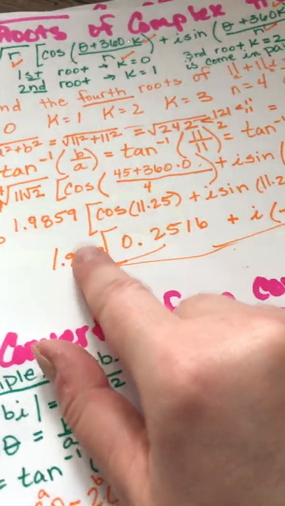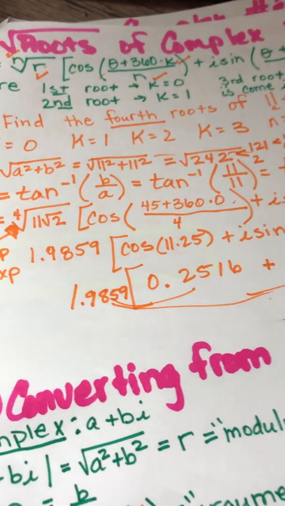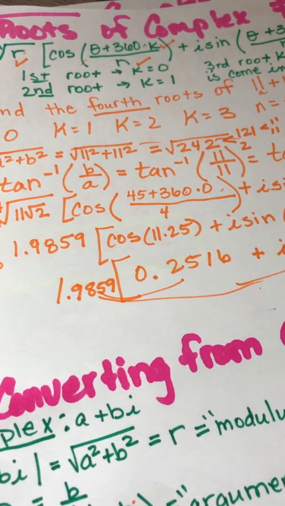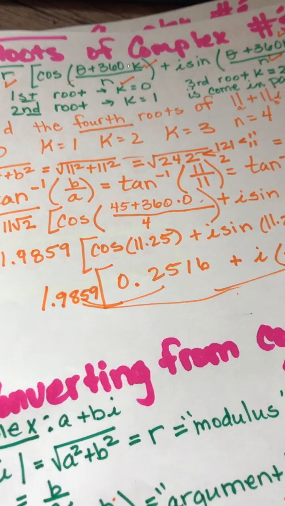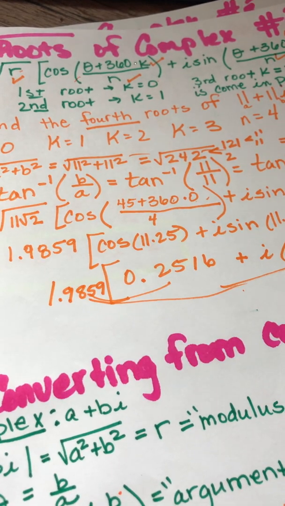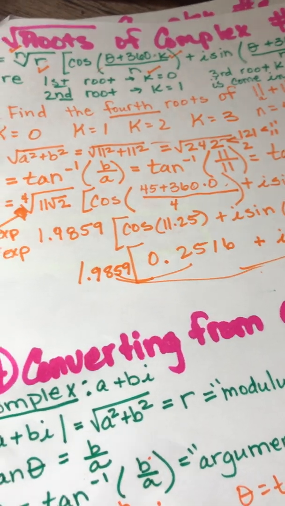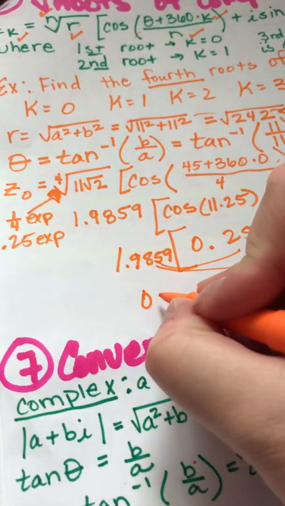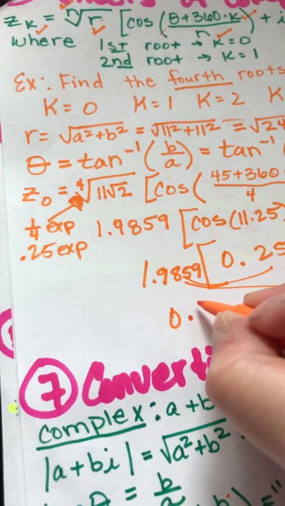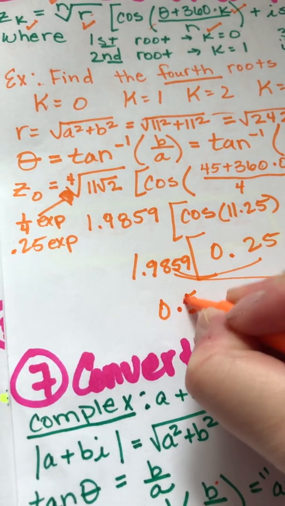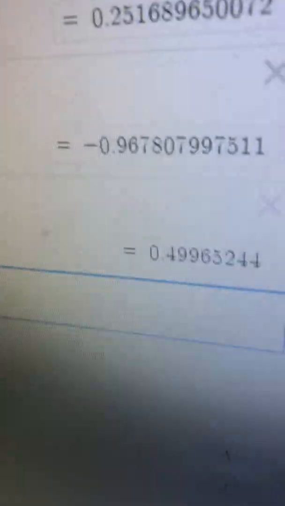So I'm going to multiply this 1.9859 times 0.2516, and that makes, I'll just say 0.5 because it's 0.499. So 0.5.